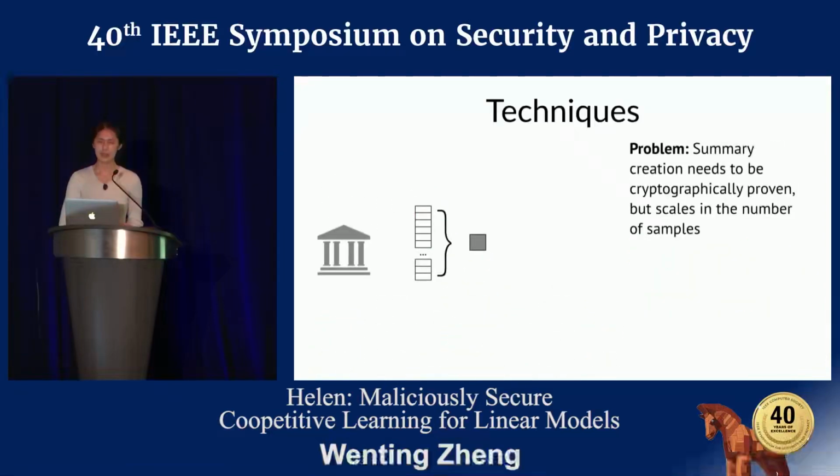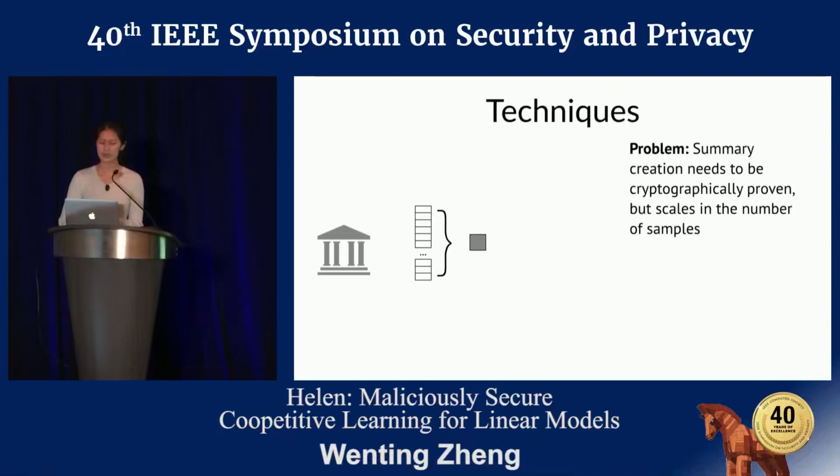However, adapting ADMM to secure computation efficiently is still a bit tricky. If we look at the way the summary is being computed, we face a second problem. Because we're in the malicious setting, the attacker who can compromise parties could deviate from the protocol.